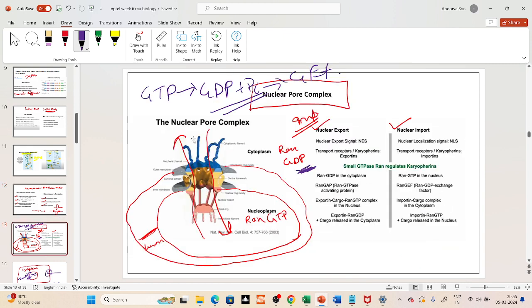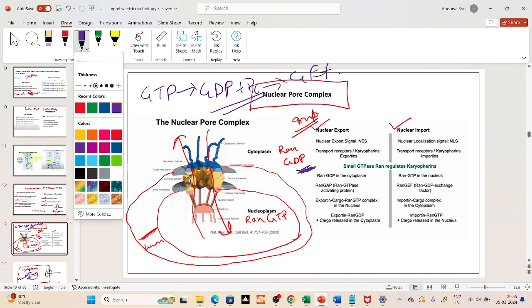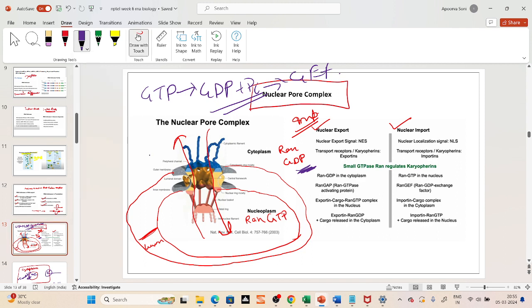Then we come to the nuclear pore complex. We studied that whatever RNA is there has to pass through this double layer membrane. It passes through the double layer membrane with the help of the nuclear pore complex.